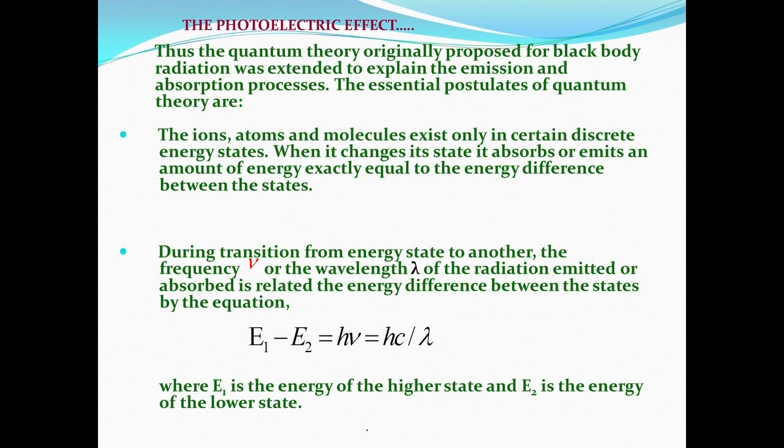The ions, atoms and molecules in general exist only in certain discrete energy states. This is the basic quantum mechanical theory. So, when it changes its state, it absorbs or emits radiation of energy exactly equal to the energy difference between the two levels.